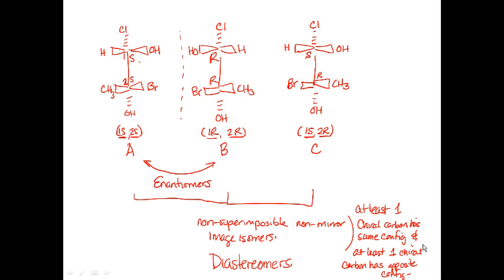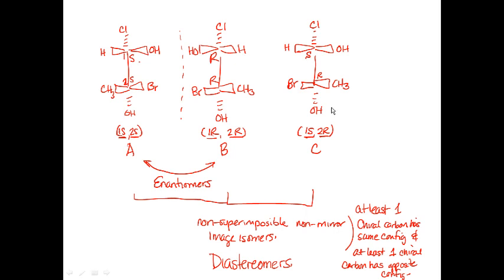And the reason I say at least one is because this definition will cover more than one chiral center. So if you had 5 chiral centers and 4 of them were the same but one was different, those would be diastereomers. Okay. So diastereomer is a new type of relationship.